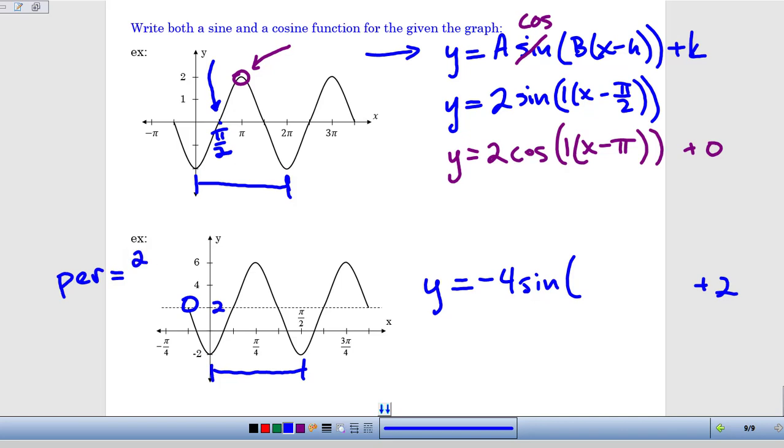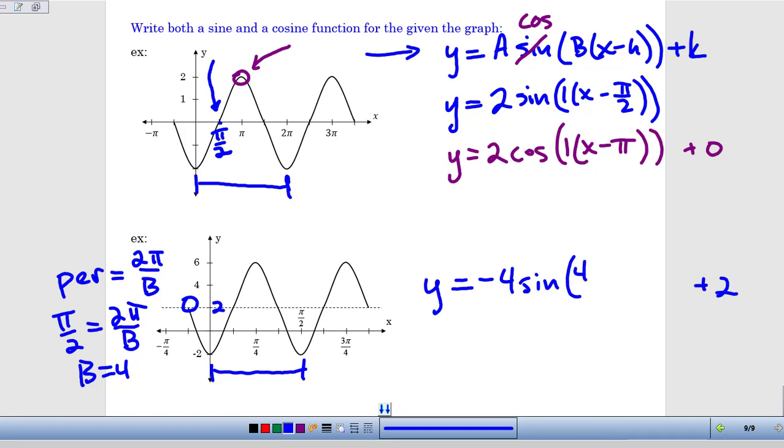And so recall that the period is 2 pi over b. So if the period is pi over 2, I can plug that in for the period. And now I have to figure out what b has to be so that my fraction on the right-hand side will reduce to pi over 2. So hopefully we can see that b has to equal 4. If I replace b with 4, 2 pi over 4 will reduce to pi over 2. So our b value is 4 for our equation.